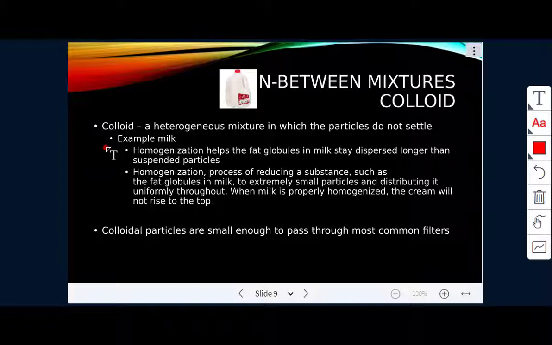And then this homogenization process will also take those fat globules in milk and make them extremely small, and then distribute it uniformly throughout the substance. So when it's properly homogenized, the cream will not rise up to the top. And then these colloidal particles, they are small enough to pass through most common filters.